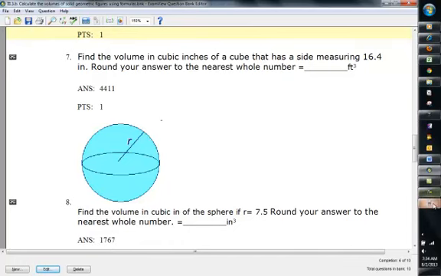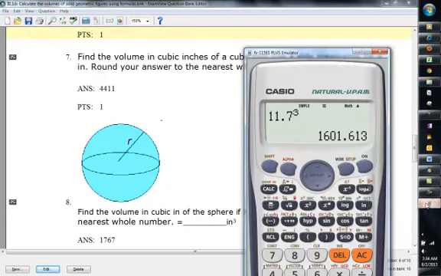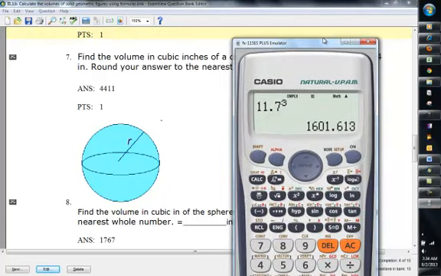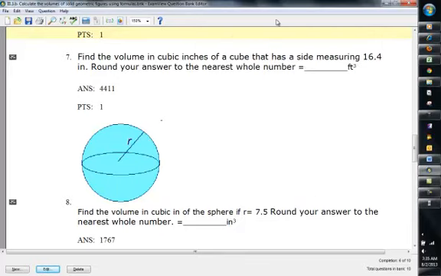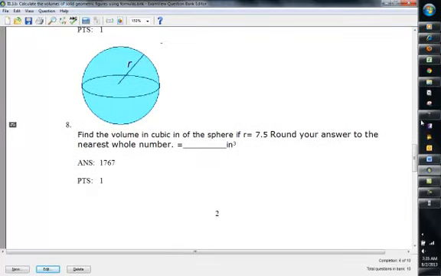Another cube. So this one would be 16.4 to the third, and we get 4410.9 or 4411.